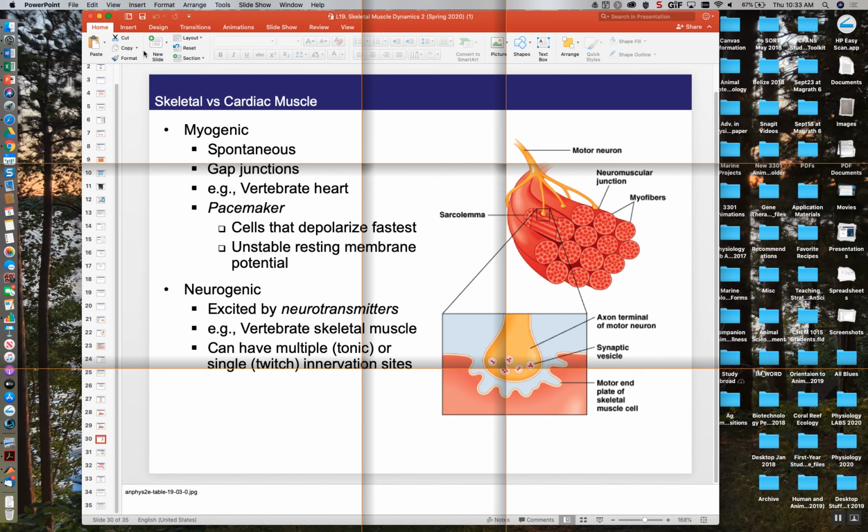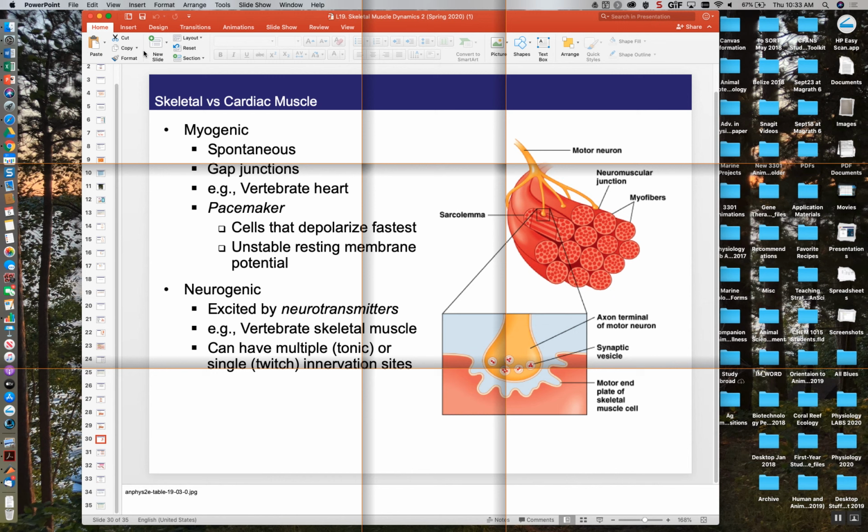All right, again, as I mentioned before, these pacemaker cells are actually expressing those funny channels. They're called HCN channels, or hyperpolarization cyclic nucleotide gated channels. But I think it's easier for you to remember that these are funny channels, okay?